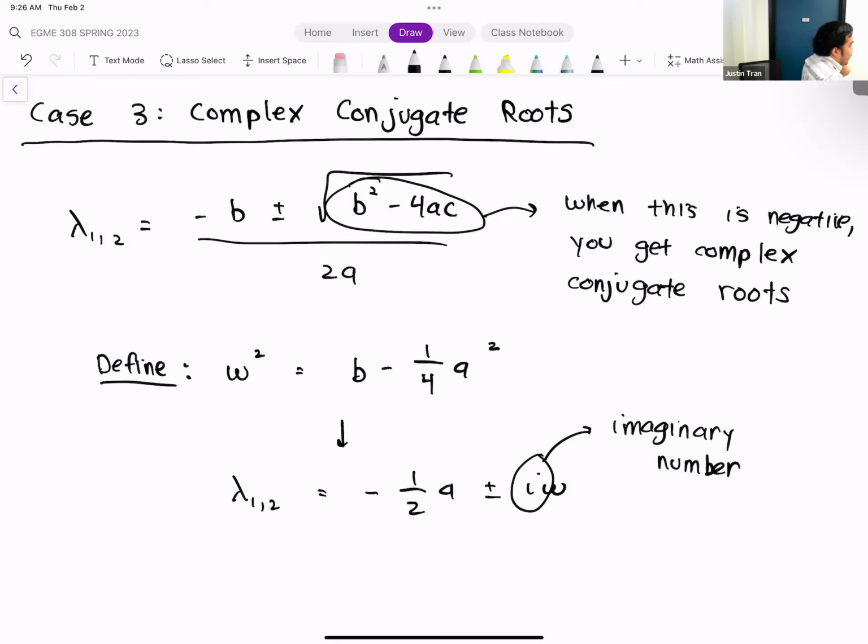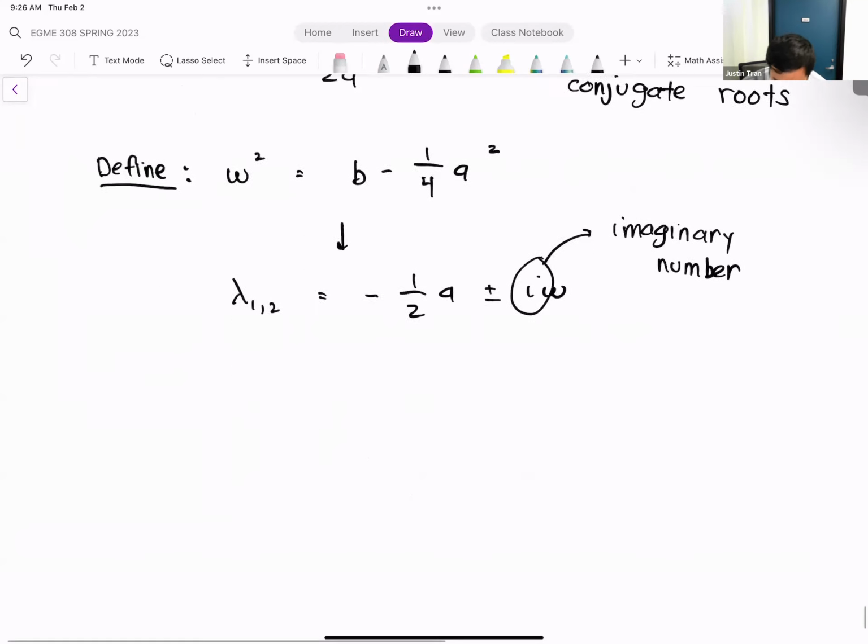All right, so I wanted to get into this form because I wanted to get omega into the equation because it'll make our lives easier. But the most important part of this is that now our two roots, lambda 1 and lambda 2, have an imaginary component, a complex component.